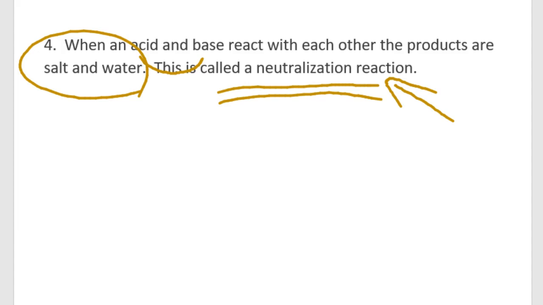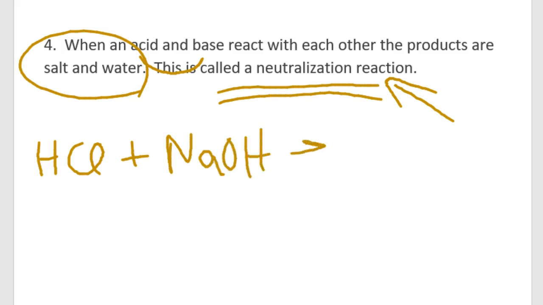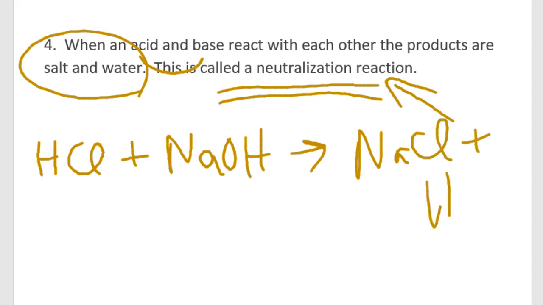Now, I've seen Regents questions where they give you the formulas for the acid and the base going to the salt and the water, and you have to pick out which of the choices is a neutralization reaction. Okay, one other thing, don't forget, precipitate reactions are also neutralization reactions.